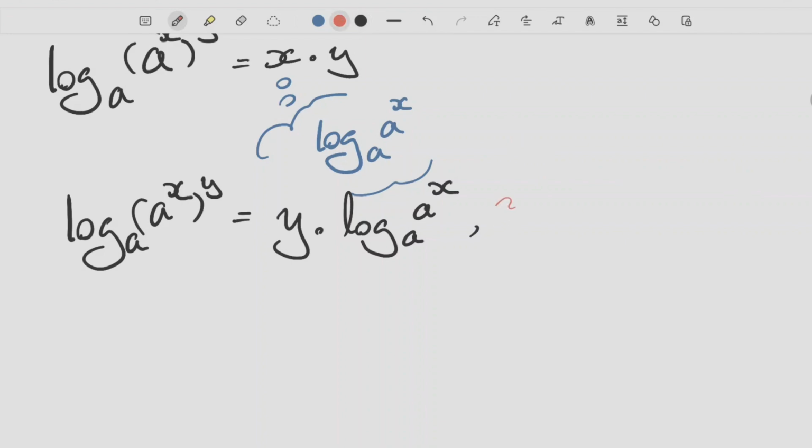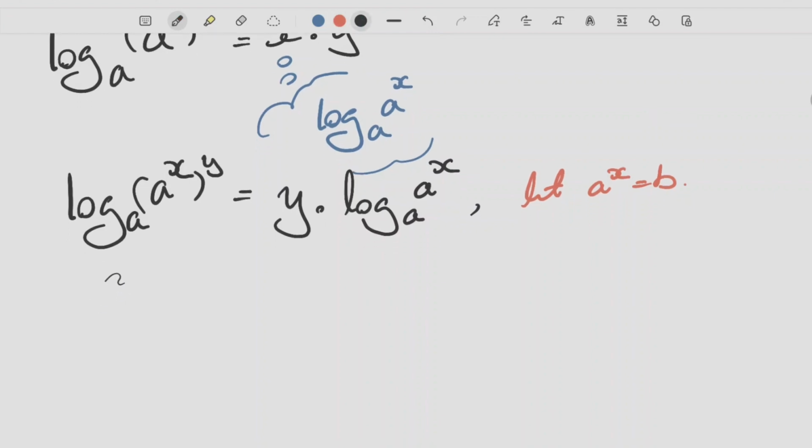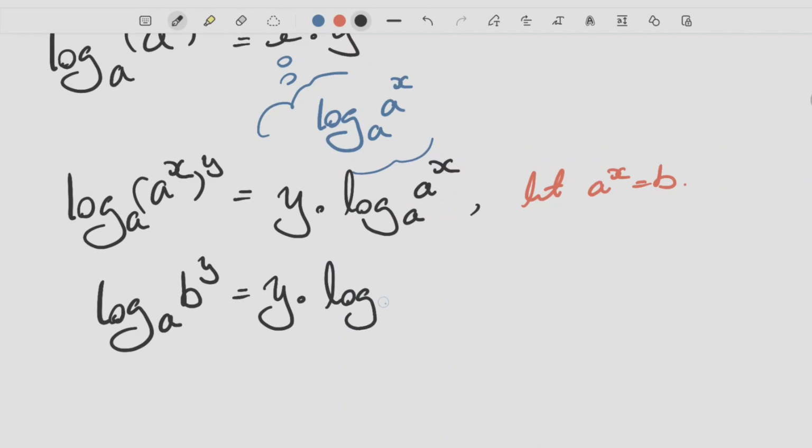So let a to the x equal b. Okay, so the value that when a is raised to it gives us b to the power of y is also equal to y times log base a of b. Oh, cool.